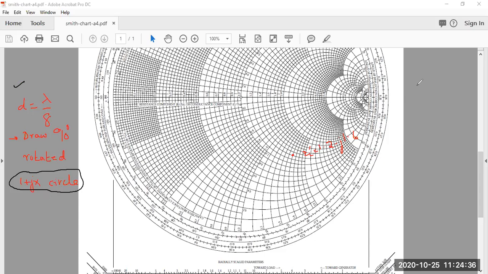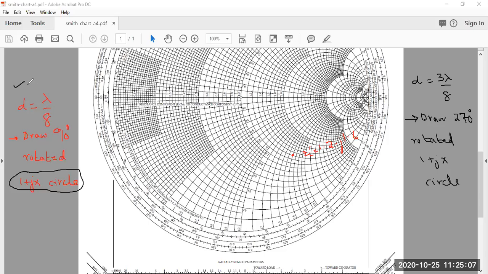But in some problems, it will also be given that distance between the two stubs is 3 lambda by 8. So what will change in this type of problems? When distance is like this, then you will draw a 270-degree rotated 1 plus jx circle.